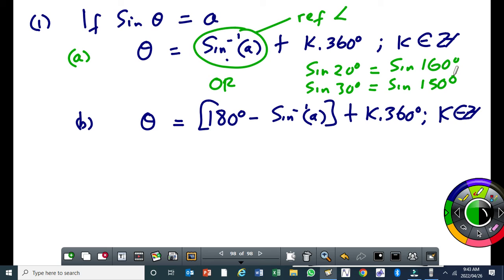Because of that, whenever you have a trigonometric equation in terms of sine, if you determine the acute angle, you need to be aware that there is also an obtuse angle which gives you the same solution to that trigonometric equation. That's why we have got two general solutions. So going forward, if you are solving an equation in terms of sine, you have to determine all the possible solutions using these two formulae. And these two formulae here are what are called the general solution.